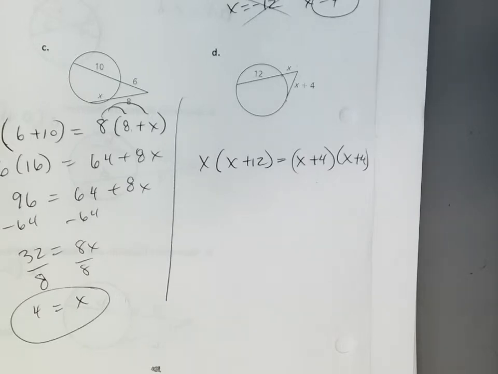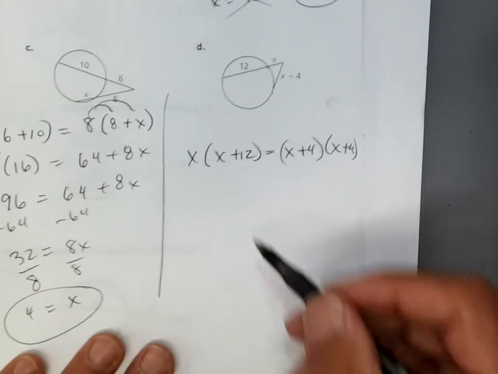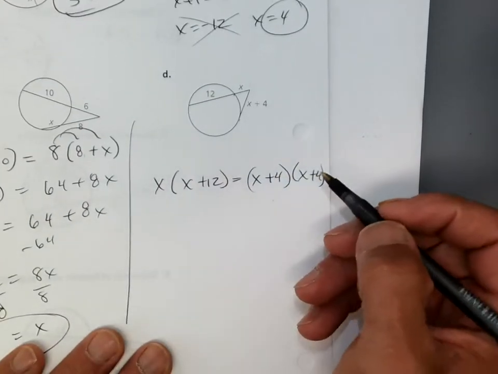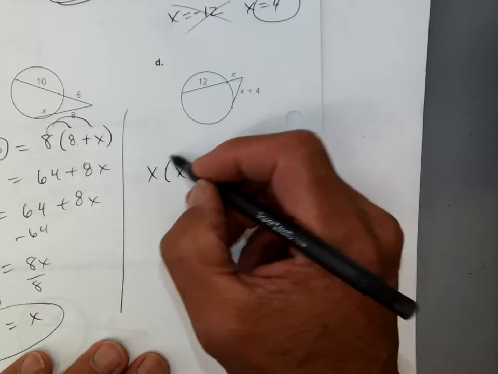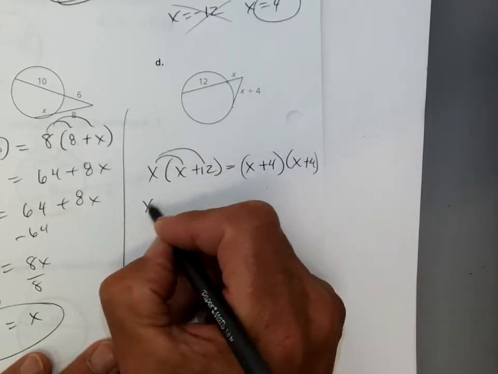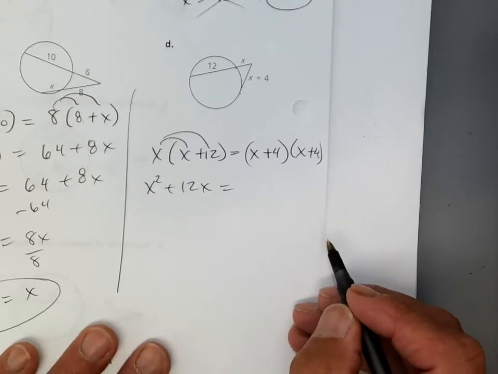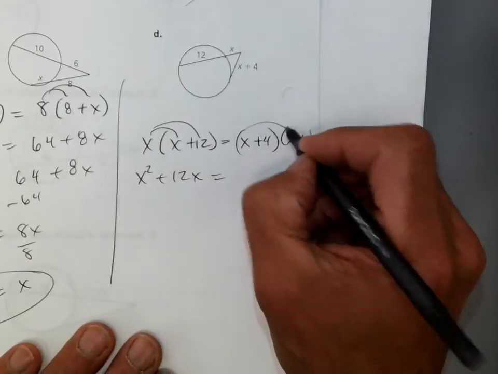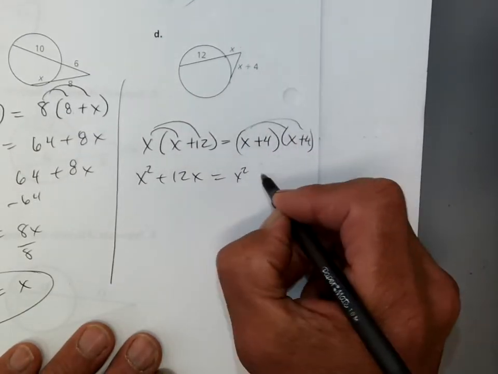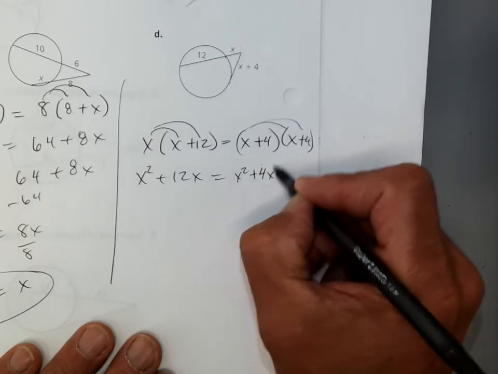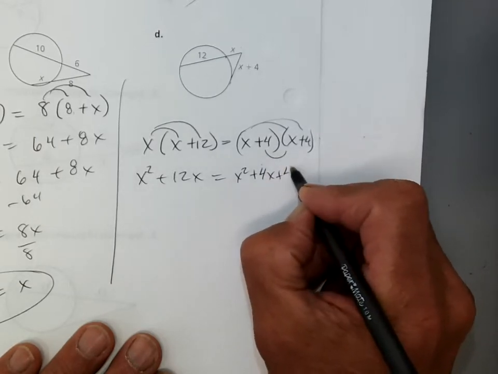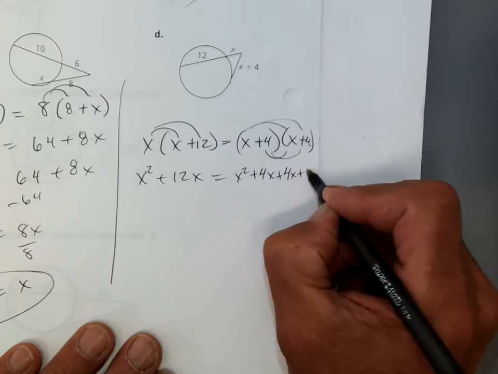Okay, I got to solve for x. So here I go. Am I going too fast? So x squared plus 12x equals x squared plus 4x plus another 4x plus 16.